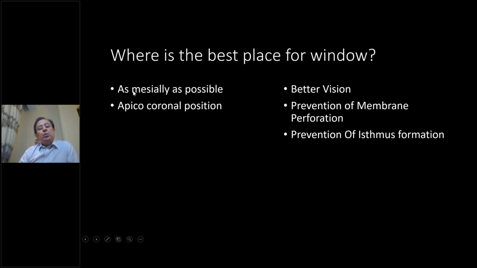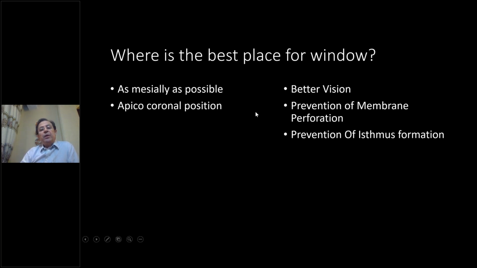There are two things. Note that we must prepare the window as mesially as possible for better vision, because due to our position in relation to the head of the patient, usually in the left area, our vision tends to make us prepare the window distally.